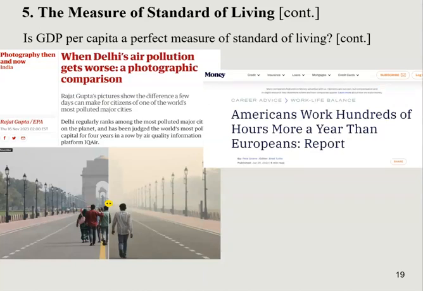Another interesting one said that Americans work hundreds of hours more a year than Europeans. So this one tells us that when we look at the standard of living, an important thing is this work-life balance, right?